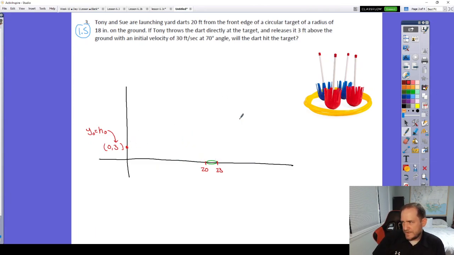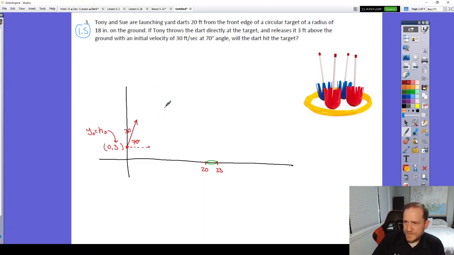So, like, what do we do? Well, he's throwing it with an initial velocity of 30 feet per second at a 70-degree angle. So again, measured against the horizontal, that's a pretty steep vector. We've got a 70-degree angle, 30 feet per second.